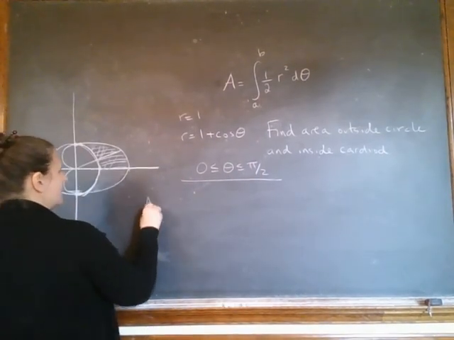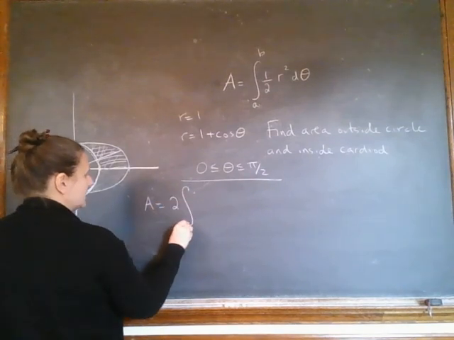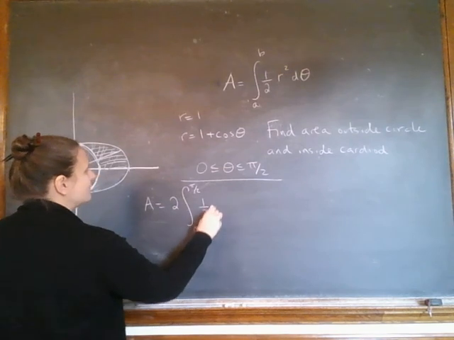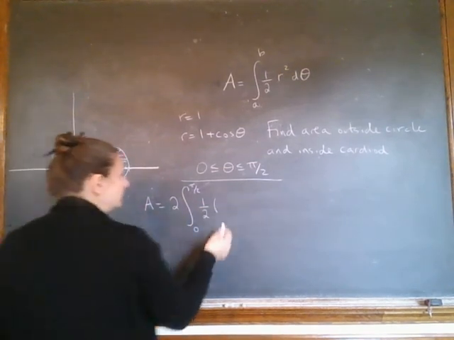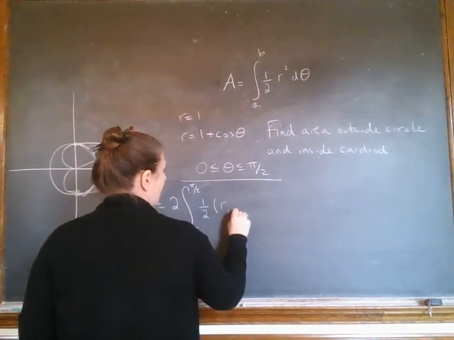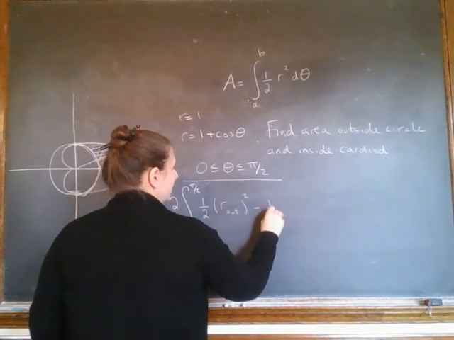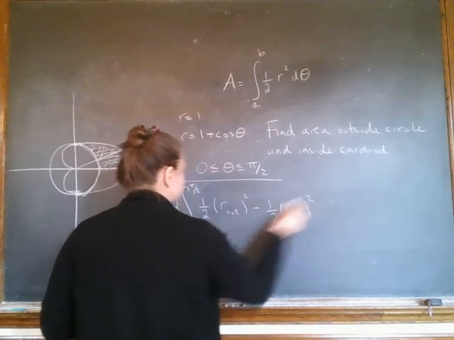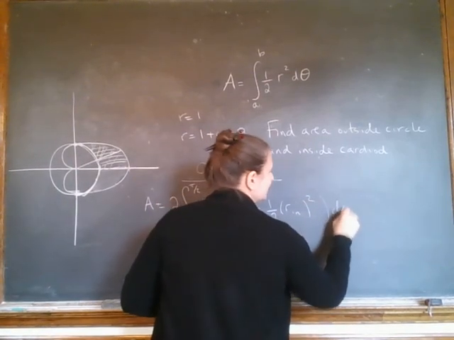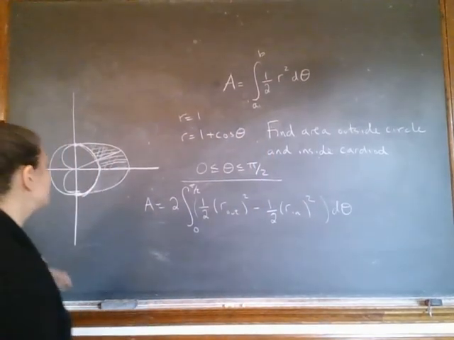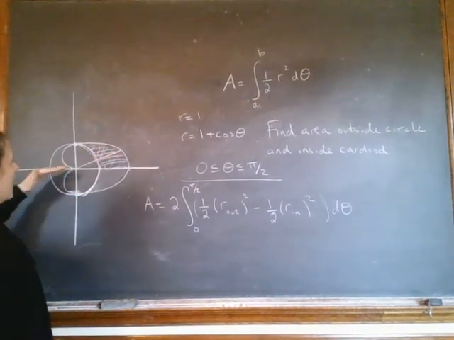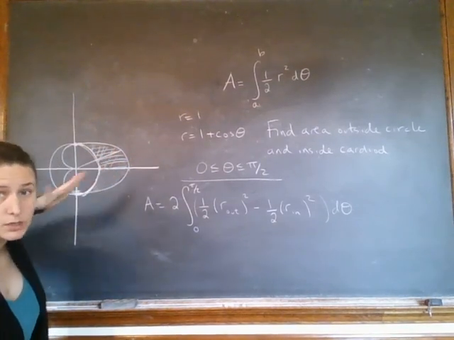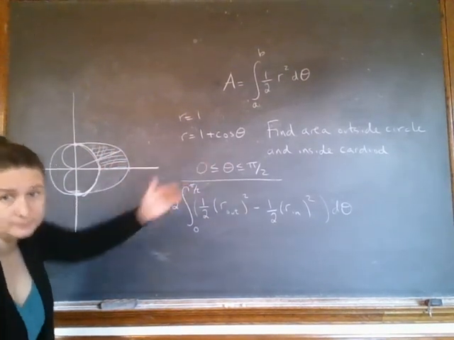Then the area is 2 times the integral from 0 to pi over 2 of 1/2 times the outside curve, so 1/2 r outside squared minus 1/2 r inside squared, d theta. And remember, I'm thinking of it as the outside minus the inside with respect to r, so with respect to the radial direction.